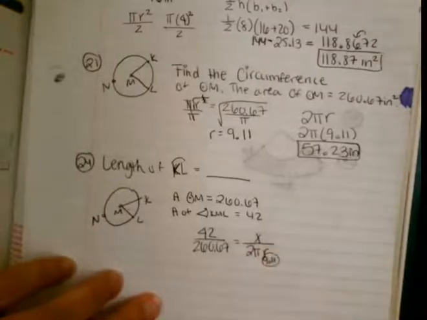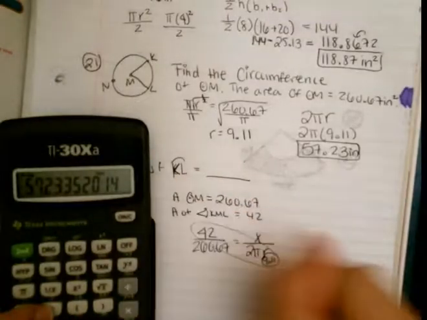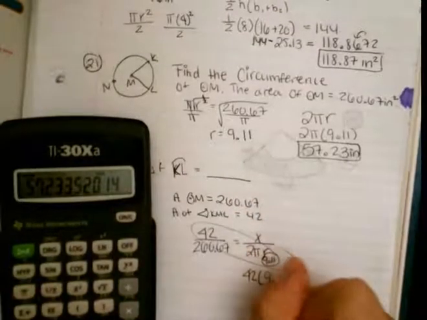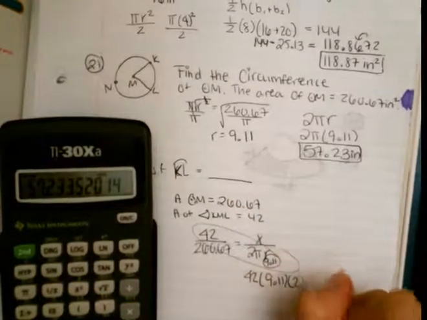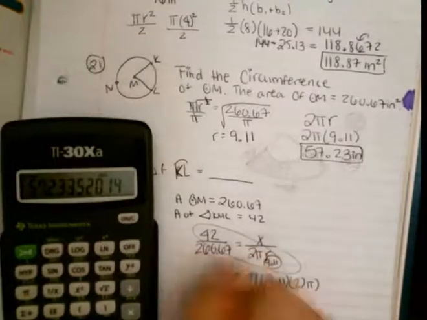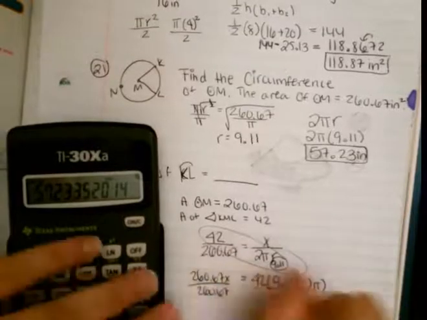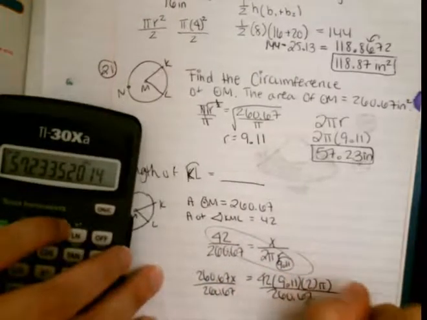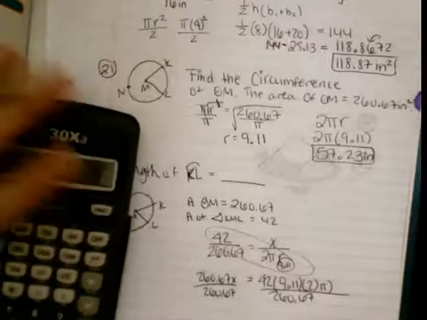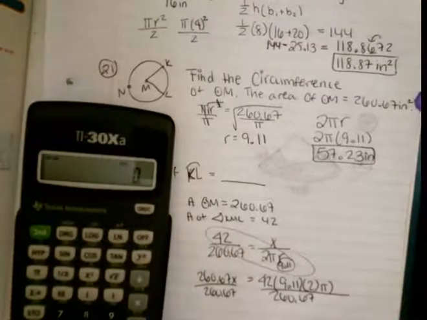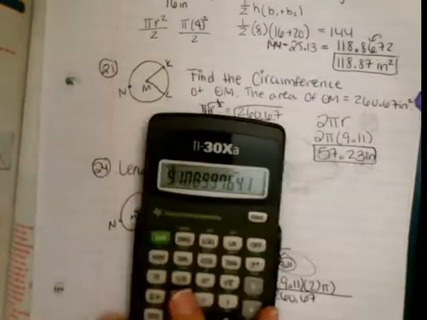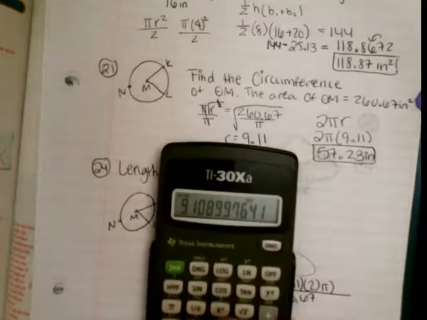So cross products and solve. We're going to do 42 times 9.11 times 2 times pi equals 260.67x. Divide by 260.67 on both sides, and we should get our answer. I already had my radius stored in my calculator, in storage button 1.